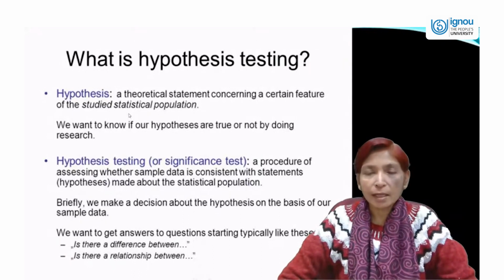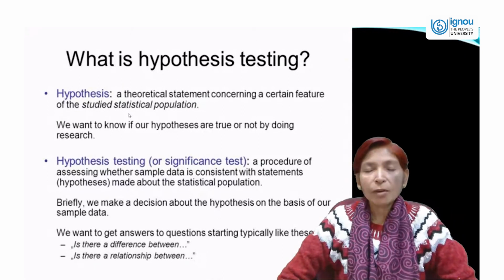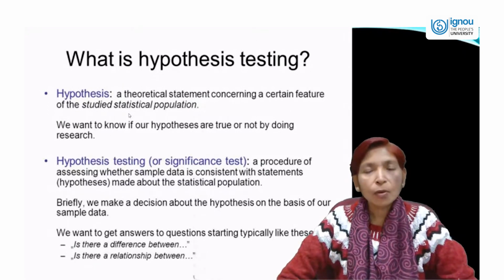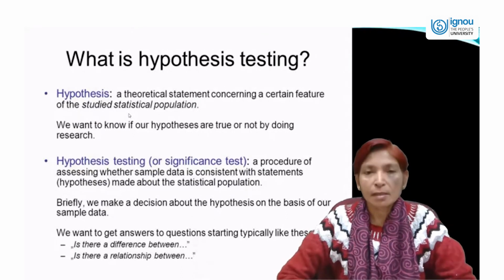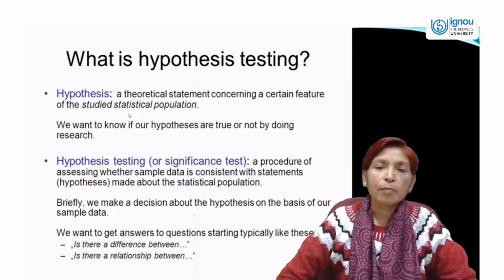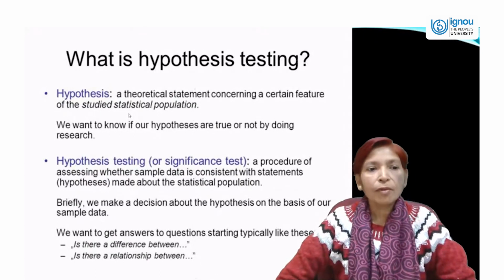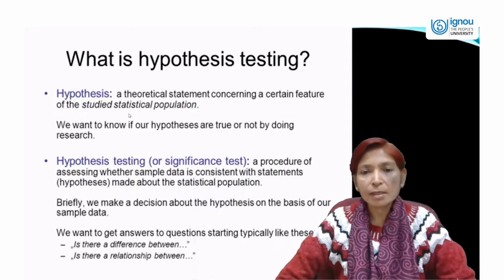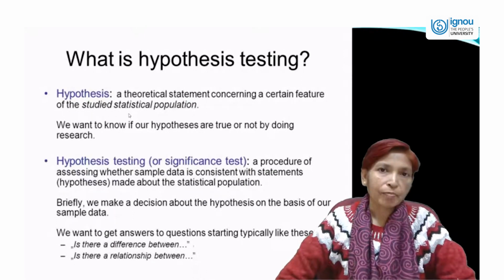Hypothesis is very necessary to make in research, because when we make a hypothesis, our whole research revolves around this hypothesis. So hypothesis is a very important thing in research, and we want to know if our hypotheses are true or not by doing research.